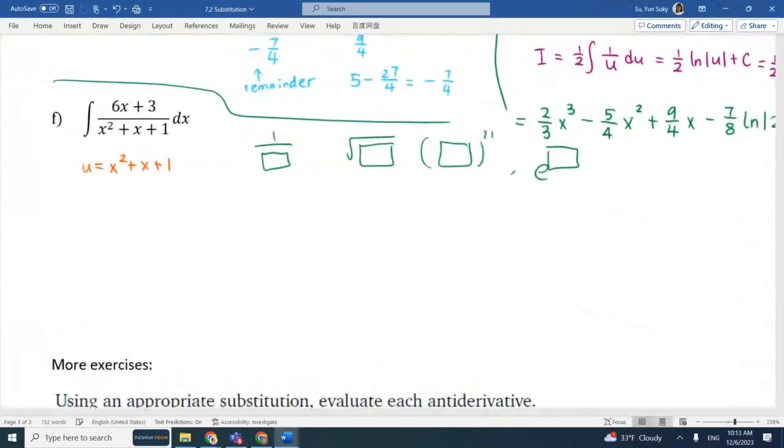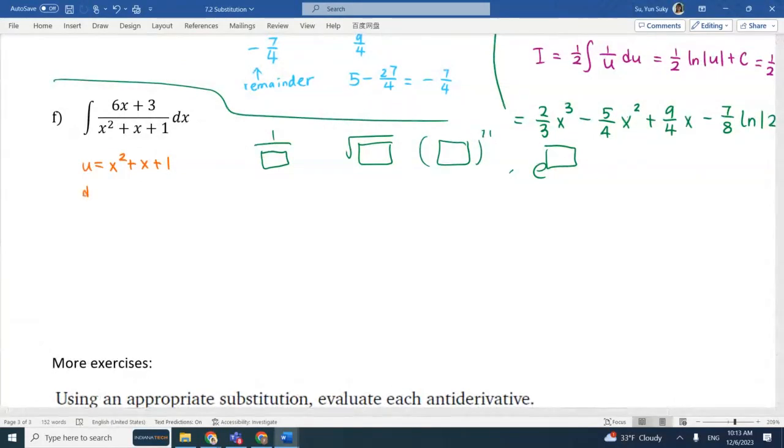Then what is du? Dylan, what's du? Yeah, 2x plus 1 dx. But look at the numerator.